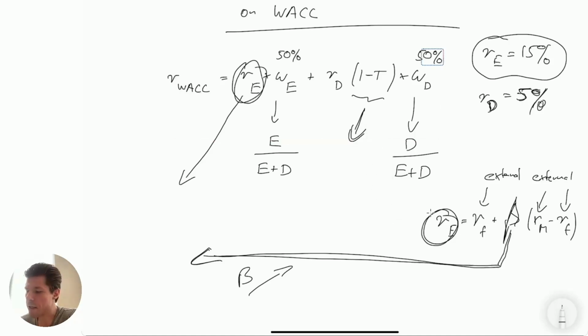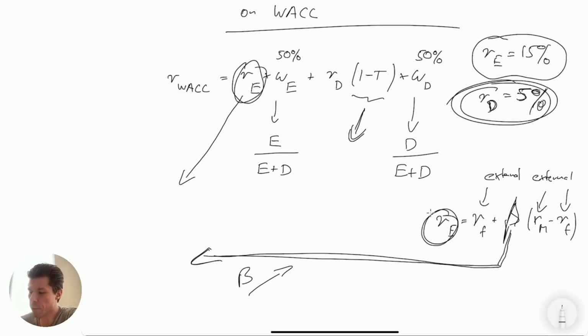So what would happen if you introduce taxes? Because debt is tax deductible, the more debt you take, the more taxes you save. So you have a small positive cash flow effect here, and your WACC would be slightly reduced just because of this tax effect, not because of a lower cost of debt.